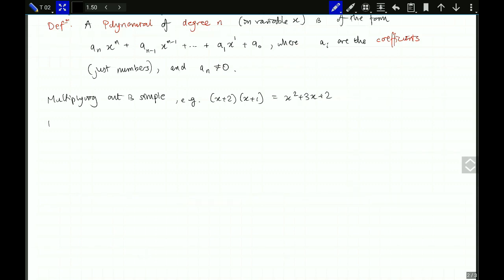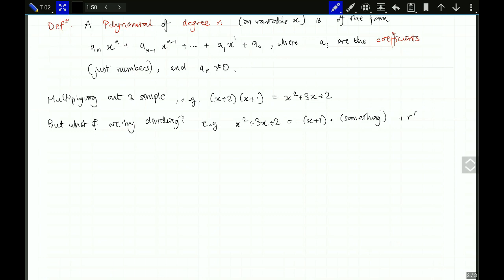But what if we try dividing? E.g., we know that in this particular case, x squared plus 3x plus 2 is equal to x plus 1 times something plus a remainder.